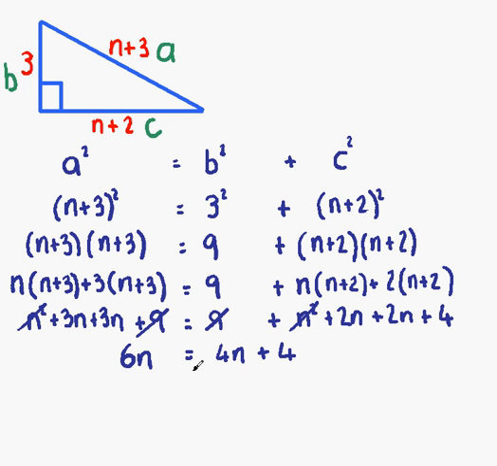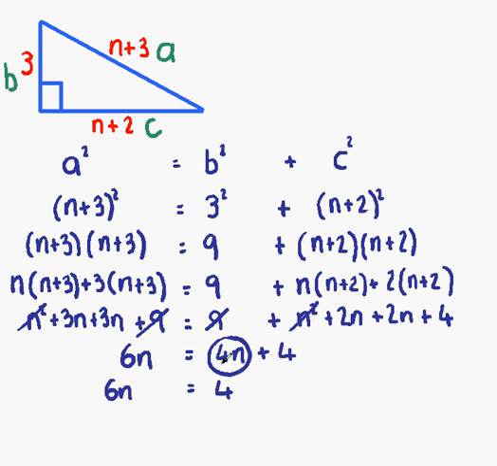What we want to do next is put our letters on the left and numbers on the right. So looking along the line, the thing that needs to move is a 4n. It's the only thing that has to move. So first of all, putting down the things that are staying where they are, we have 6n on the left hand side and we have 4 on the right hand side. 4n is going to move.